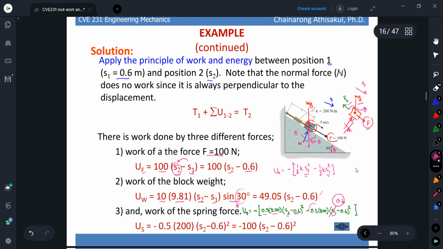So the last term becomes 0, and the work done by the spring force has only the first term.